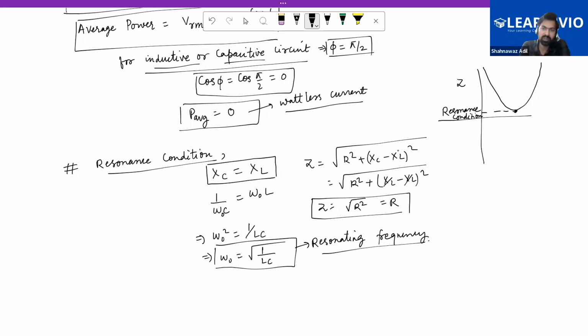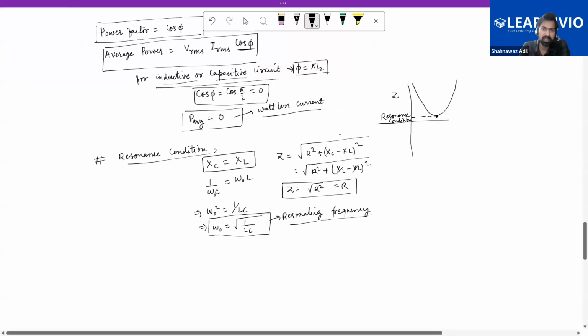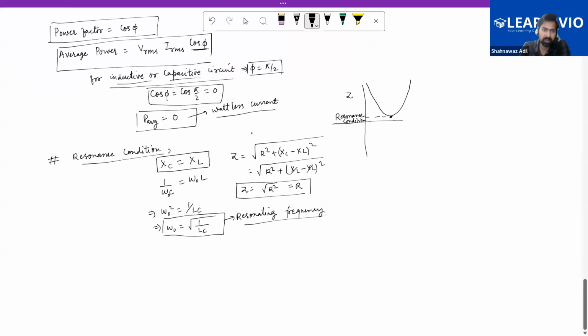So quickly note down these things, and then we'll do 2 to 3 questions, and then we will talk about the transformer. And what would be the current for resonating conditions? So current will behave like this. At resonance, this is your current.